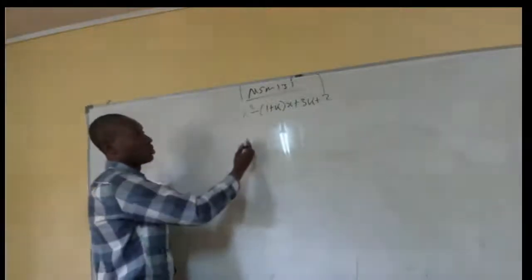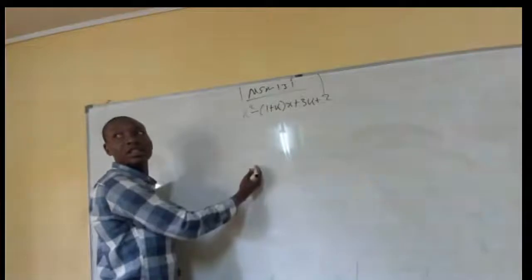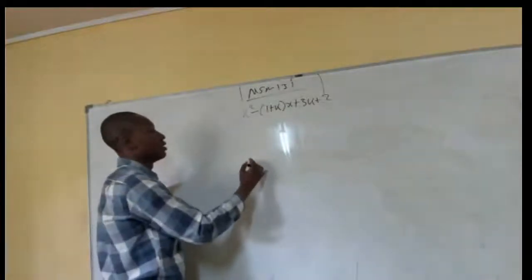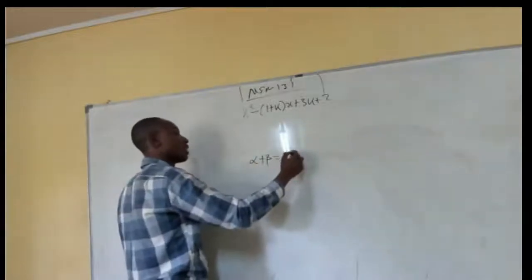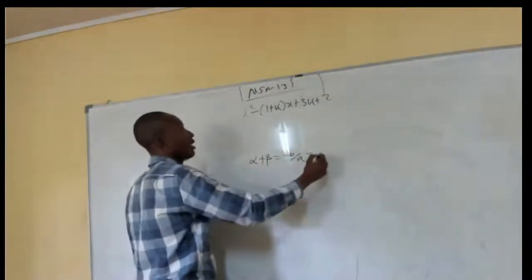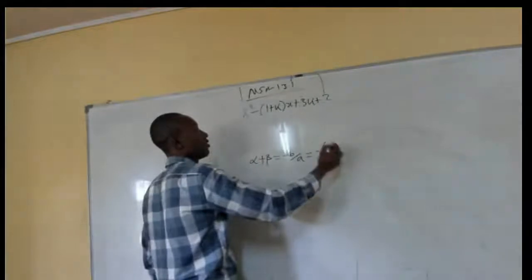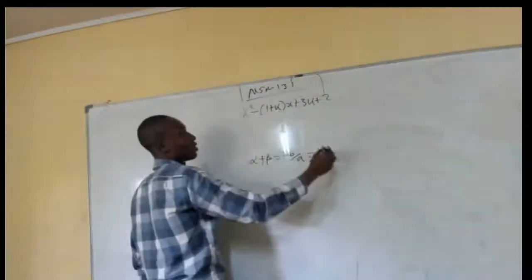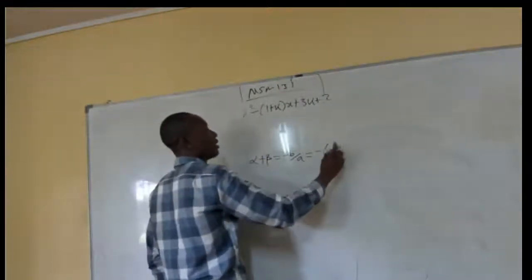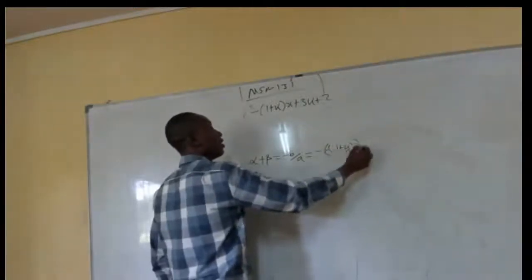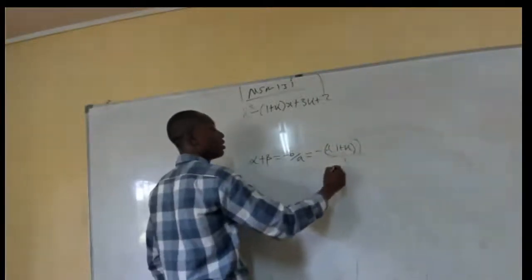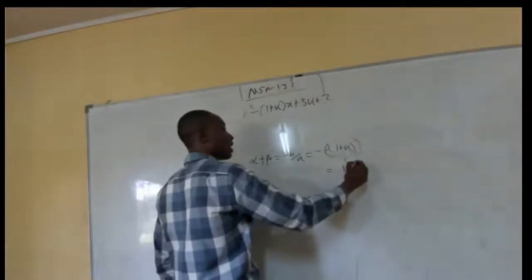In this case, we know the sum of the roots is found as negative b over a. The coefficient of x here is the b, so we have negative of negative 1 plus k over 1, which is just 1 plus k.